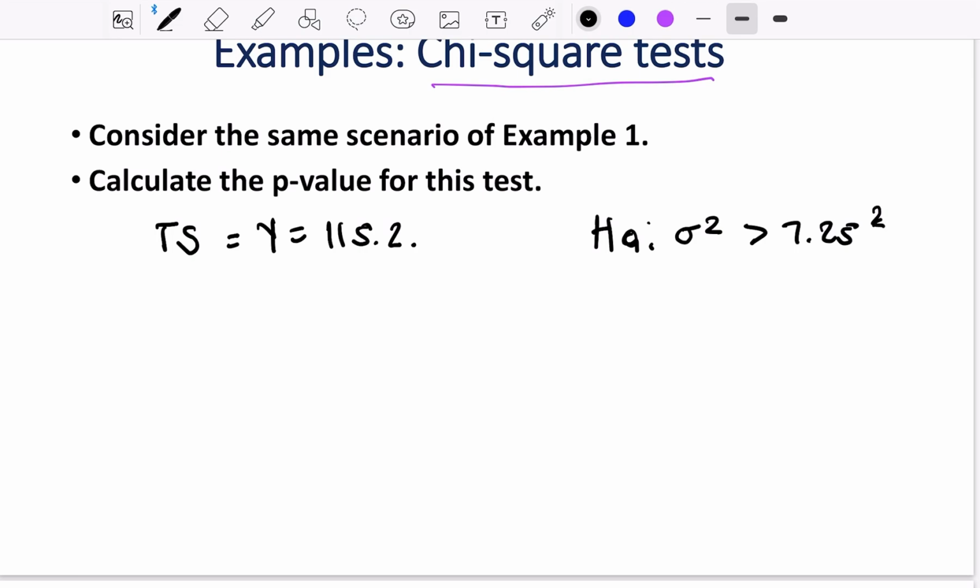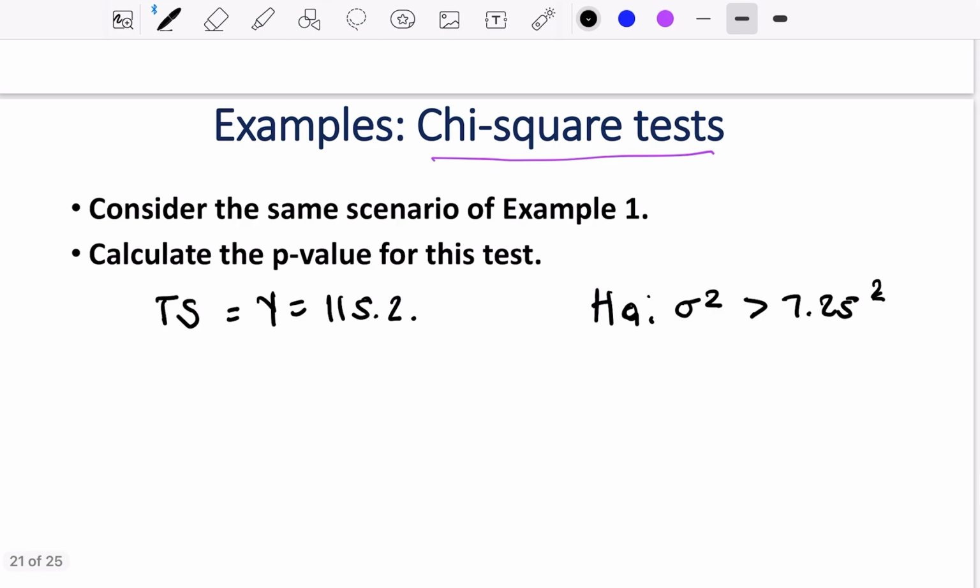Okay, so I would say the procedure of calculating a p-value is like this. You have some null hypothesis. Now you calculate the test statistic. Now use that test statistic to obtain the p-value. Okay? Right.